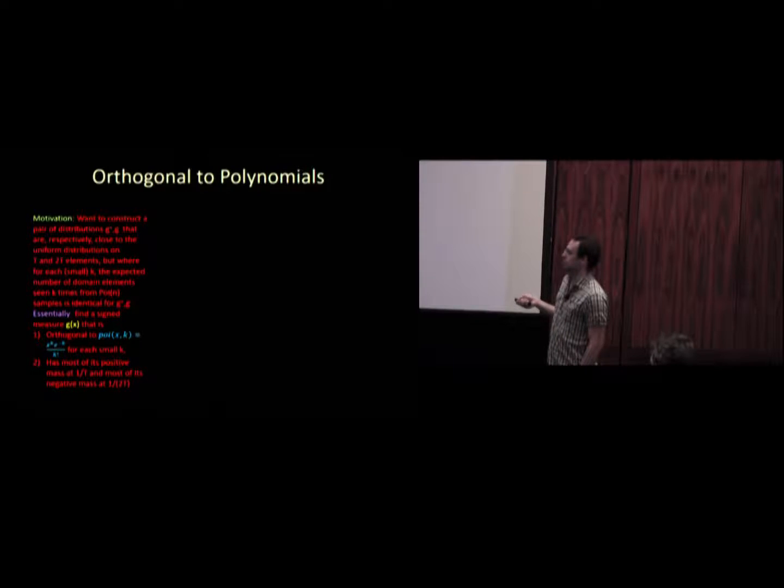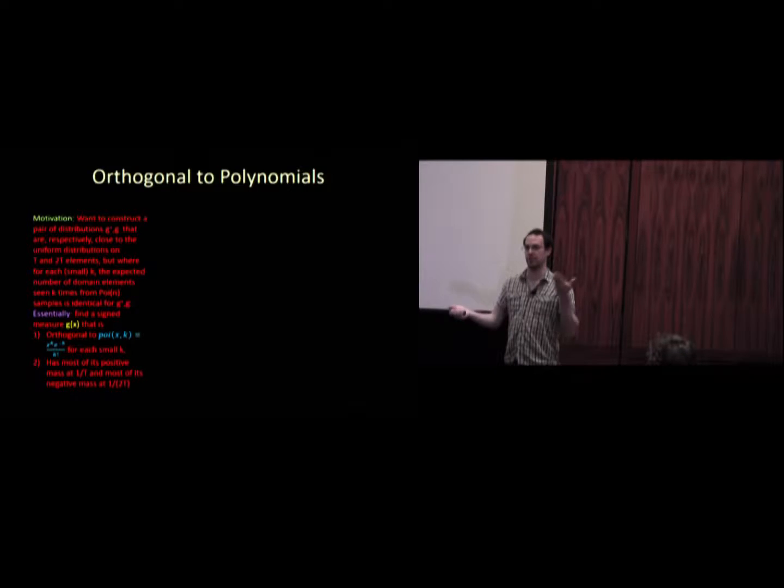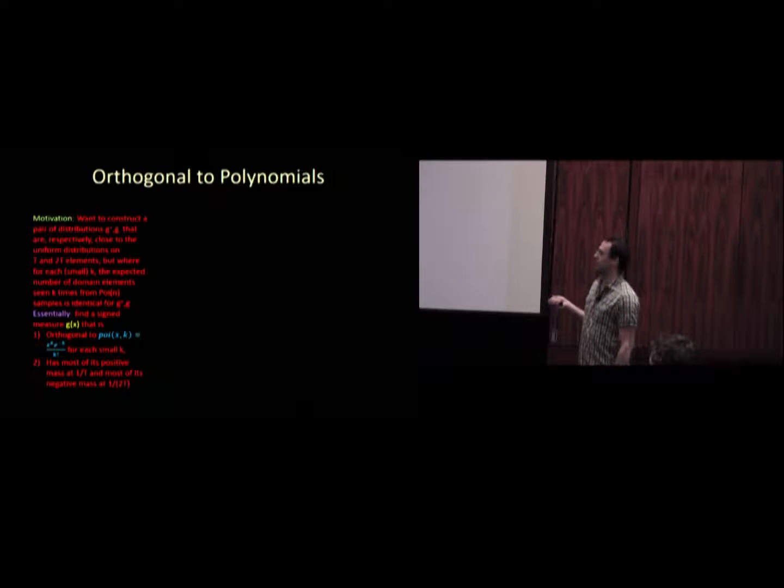That is, the signed measure, the difference between the two cases we're trying to tell apart, is orthogonal to all of our measurements. So all of our measurements in expectation will return a zero difference for the plus case and the minus case. So can we get a signed measure G that captures both G plus and G minus that's orthogonal for all these Poisson things? For small k, we don't care about large k.